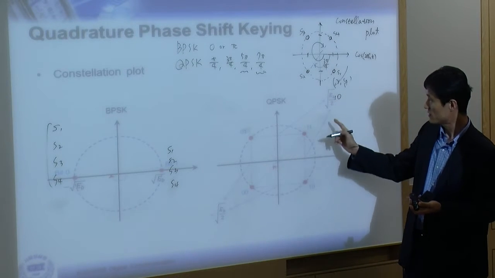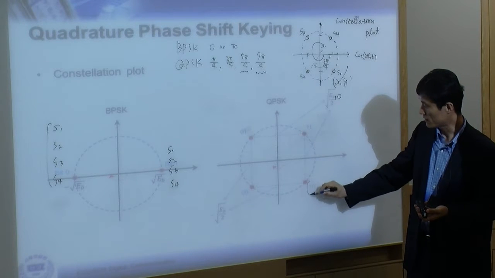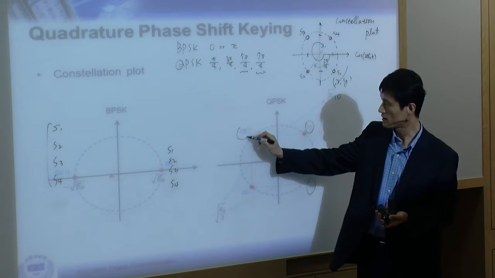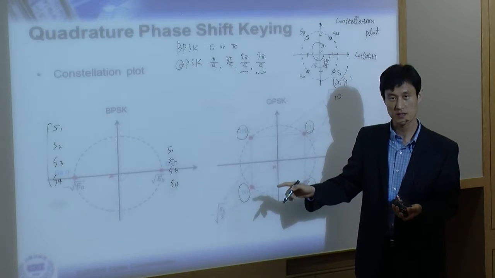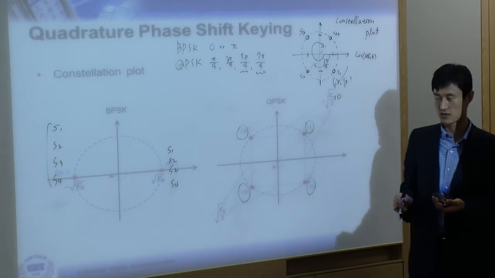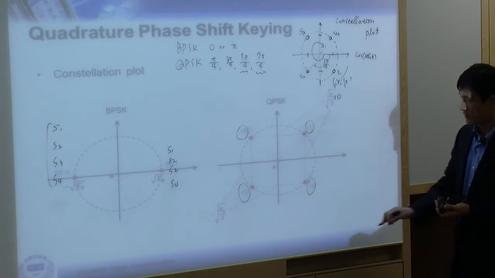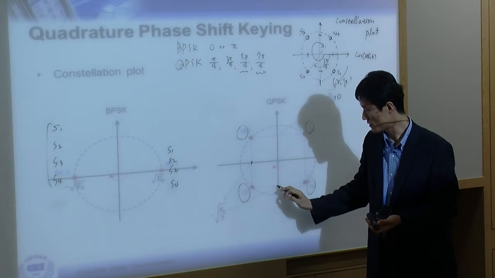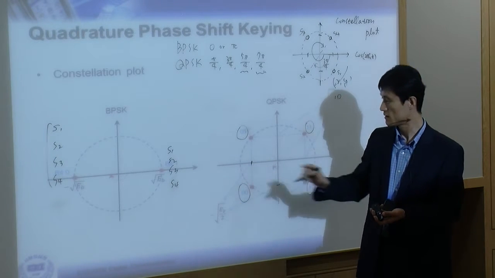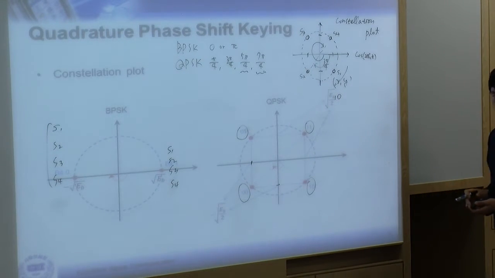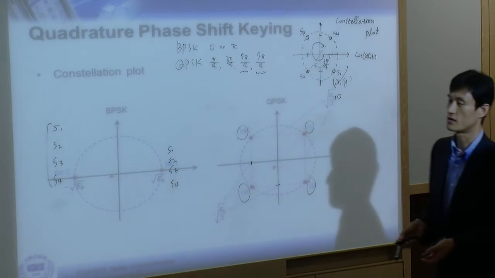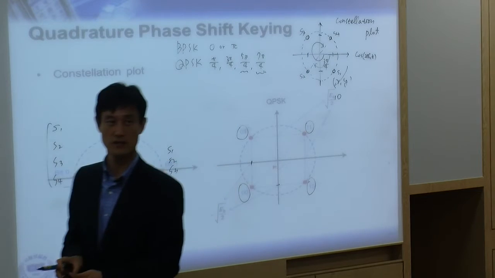Second thing is bit to symbol mapping. That's another thing you can see from this picture. Okay? And also the value here, the energy, amplitude. So that's another thing you can see here. So from this constellation plot, you can see all of those things.